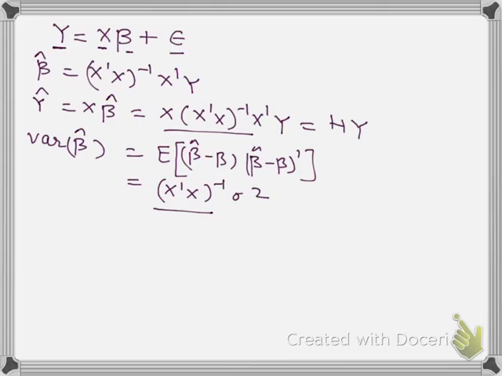This thing that you see here is the variance covariance matrix, also known as the variance covariance matrix in the simple linear regression world.